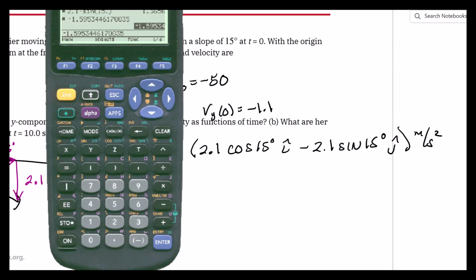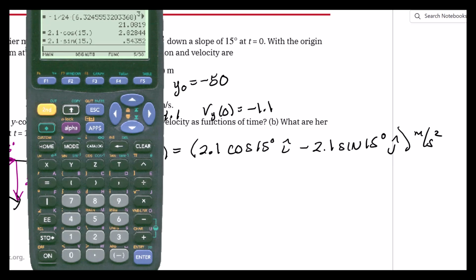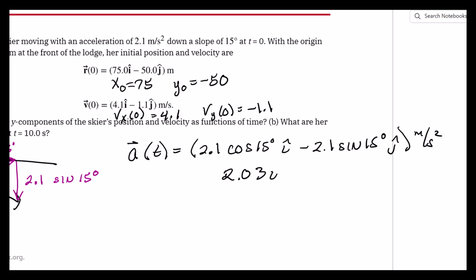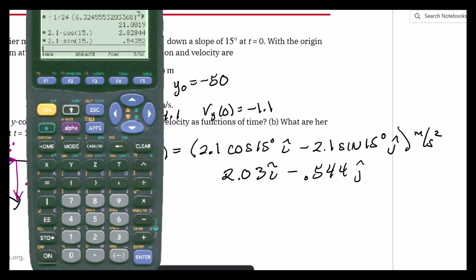Okay, so I have sine and cosine in degrees, so that's important. So about 2.03 and 0.544. So 2.03 and negative 0.544. Okay, is that right? I like it.